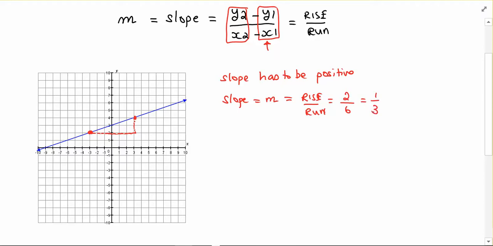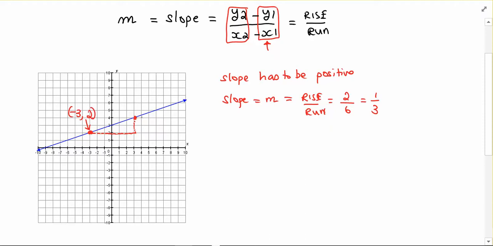Now, that's the old way of doing it. Can we use our formula to do this? Well, we can. The coordinate for this point right there is -3 and 2.